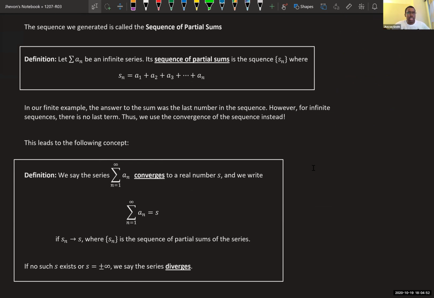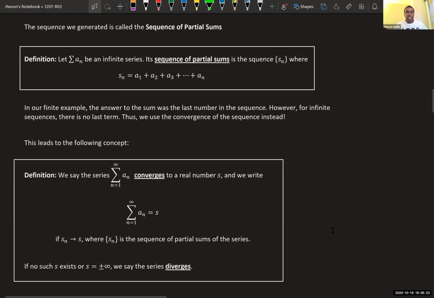We also use the language converges, so we say a series converges to a number. Intuitively, what we mean is that it adds up to this number, and this is the answer. So we say an infinite series converges to a real number S, and we write the series, n goes from 1 to infinity of an, equals S, if the sequence Sn converges to S.